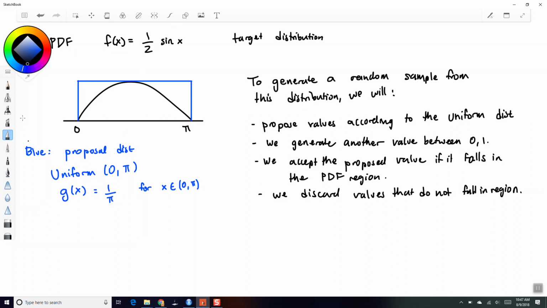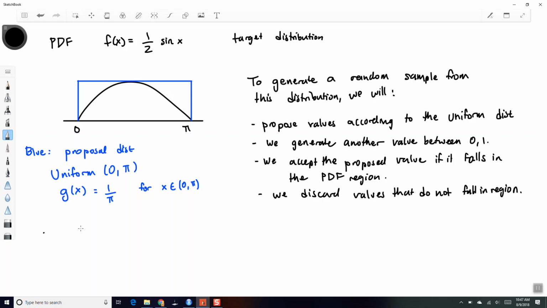If we stop and think about it, it makes sense, because they're both PDFs and both have an area of 1, but obviously in our picture the blue rectangle has an area greater than that of the sine. So we multiply g of x to get this kind of picture.